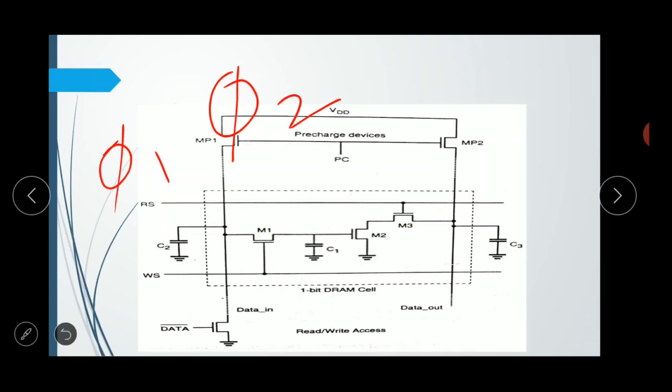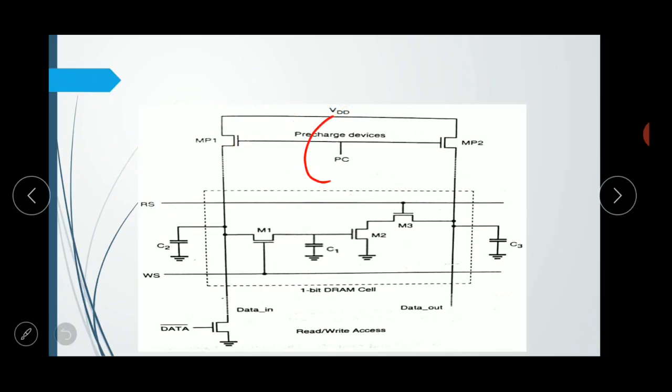The pre-charge events are driven by phi 1, whereas the read and write events are driven by phi 2. Every data read and write operation is preceded by the pre-charge cycle, which is initiated with the pre-charge signal PC.